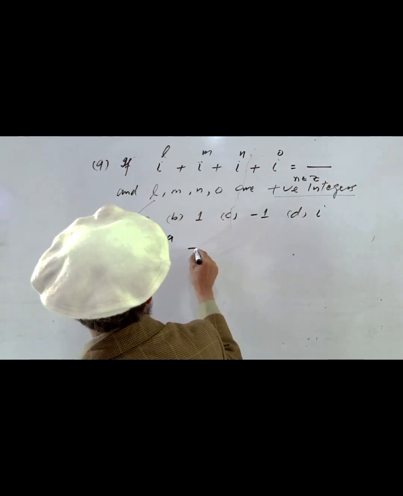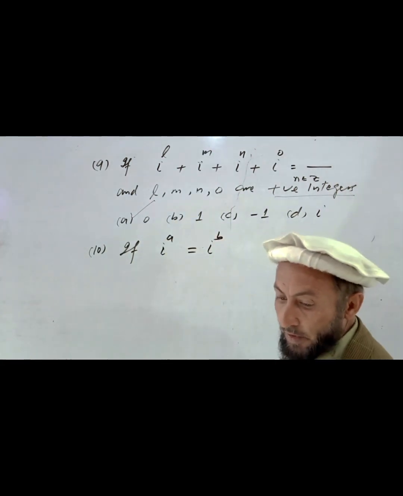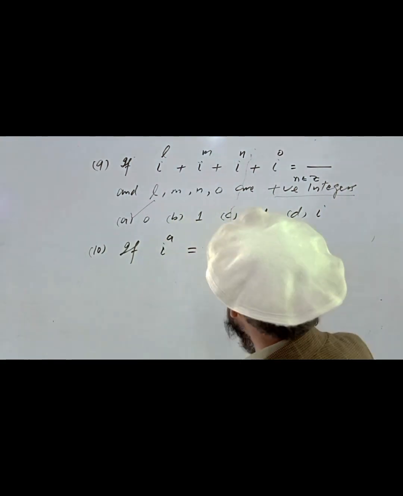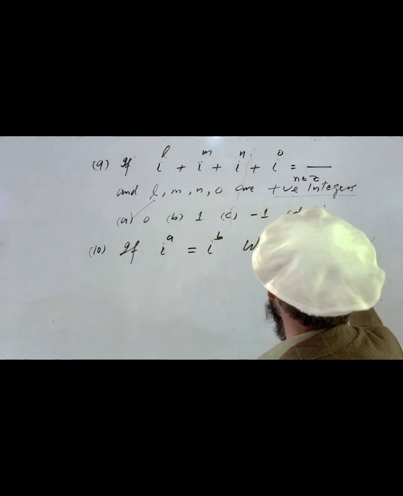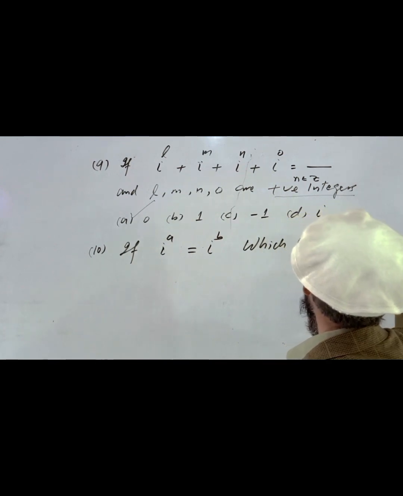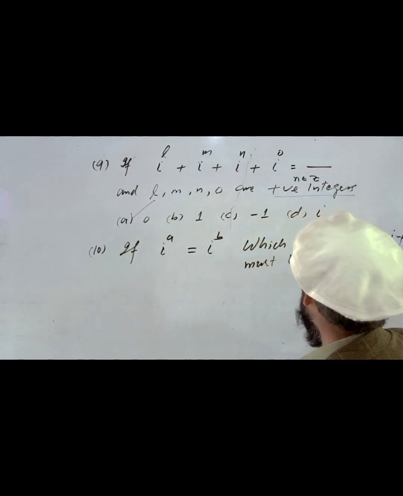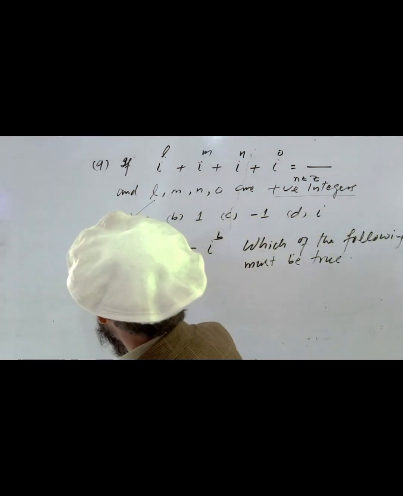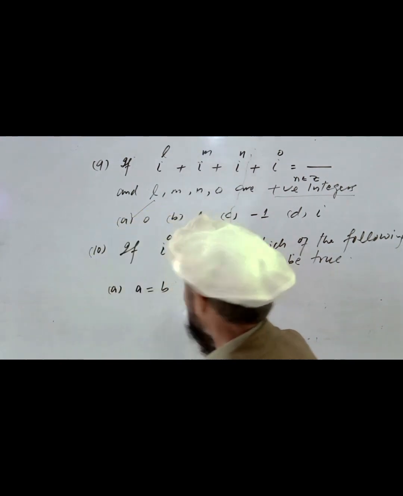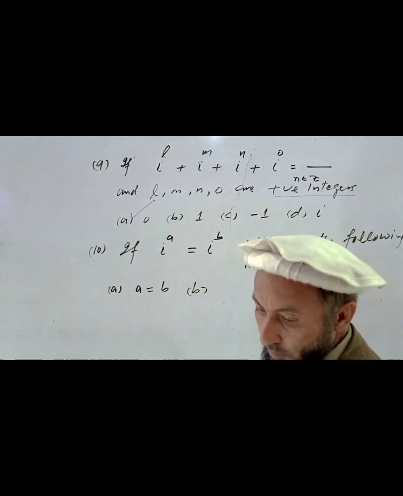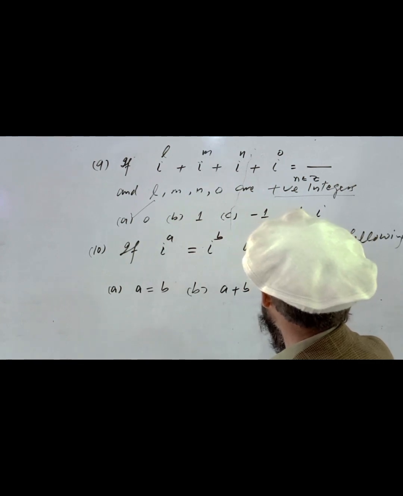Iota power A is equal to iota power B. If A and B are any real numbers, which of the following must be true? Part A, A is equal to B. Part B, A plus B is an even number.